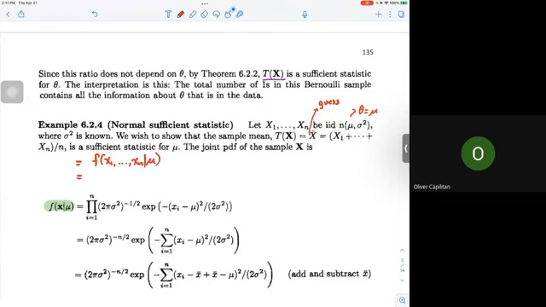Since this is IID, then we have the product of the probability density function. It can be just x, where x is normally distributed, or x sub 1, or any of that.